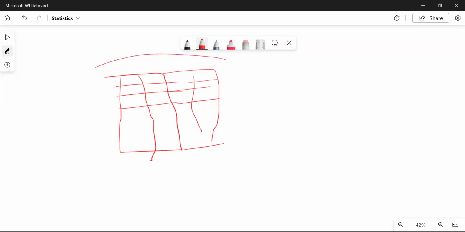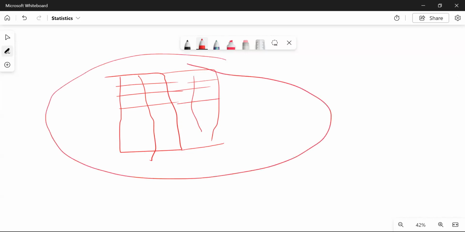My intention is to analyze this specific data set. To do that, you need to know where your central value is. That is the first point. And the second one is how the data is spread.